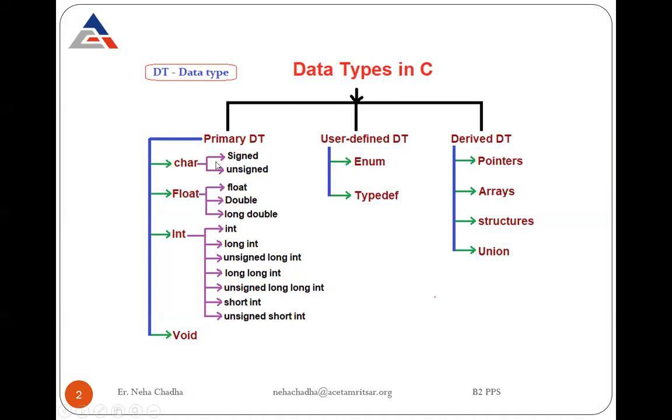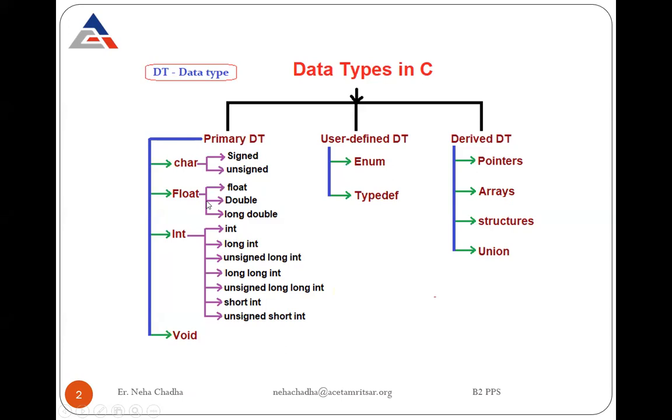In your primary data type, you have char, float, int, or void. Char can be signed or unsigned. Signed means both negative and positive numbers are included, and unsigned means only positive numbers. Then there is the float category.